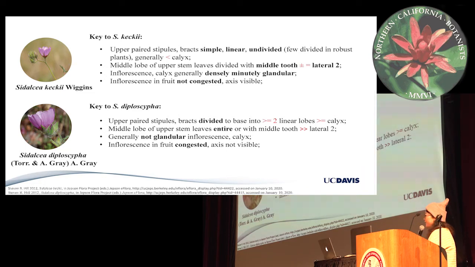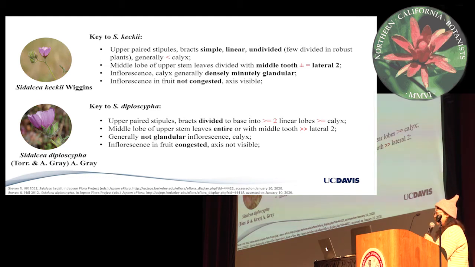And let's look at what characters the Jepson Manual used to describe these two species. So it basically focused on the following four morphological characters. First, for Sidalcea, they have undivided upper pair stipules and bracts, and they're shorter than the calyx. Well, for Sidalcea diplocypha, they have divided upper pair stipules, and they're longer or more or less the same as the calyx.